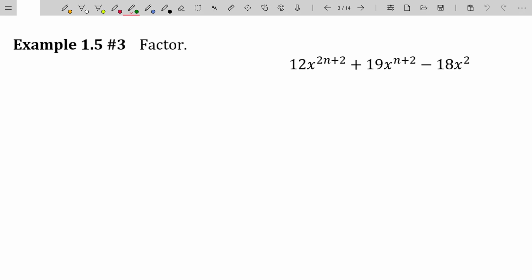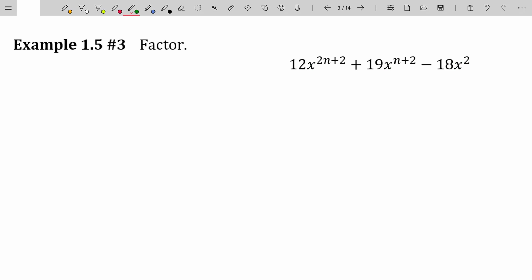So using that same idea, in this case, you could look through each of these terms and notice that they all have something in common with each other. They all have an x in common. An x here, an x here, and an x there.